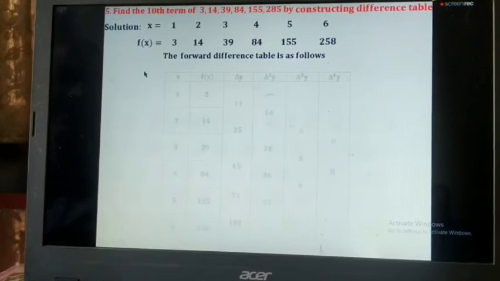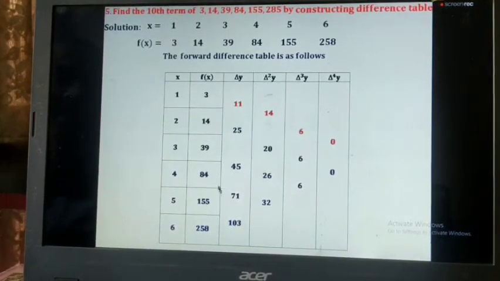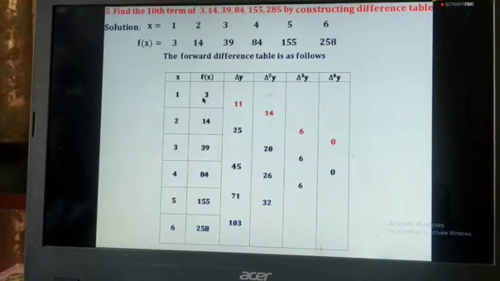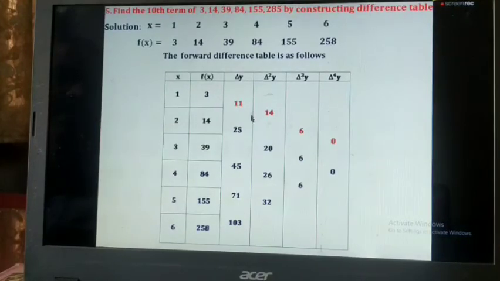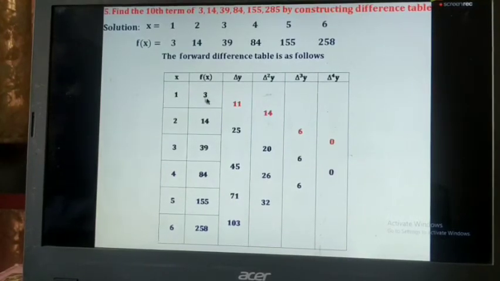To construct the difference table, x is written, f of x is written, and delta y is written: 14 minus 3, 39 minus 14, 84 minus 39, 155 minus 84, 258 minus 155, and so on. Similarly, delta square y, delta cube y and delta raised to 4 y are written. Keep in mind f of 0, delta f of 0, delta square f of 0, delta cube f of 0, the leading forward differences, along with y0.